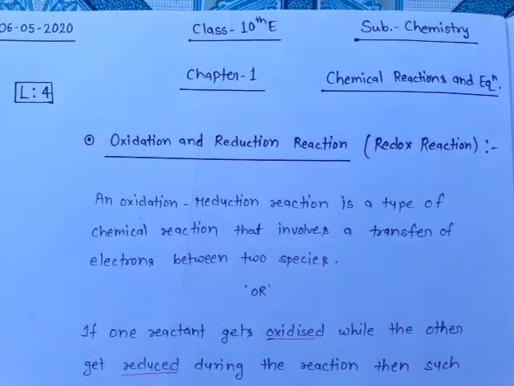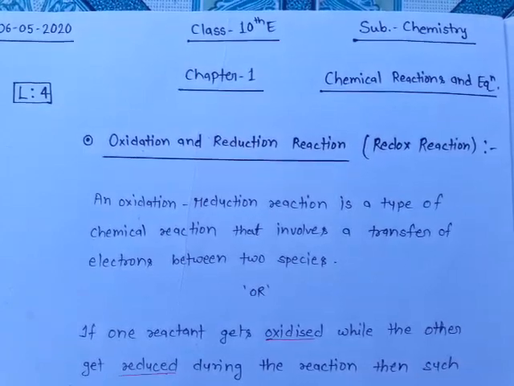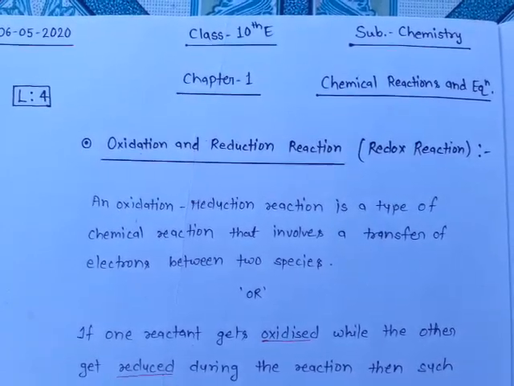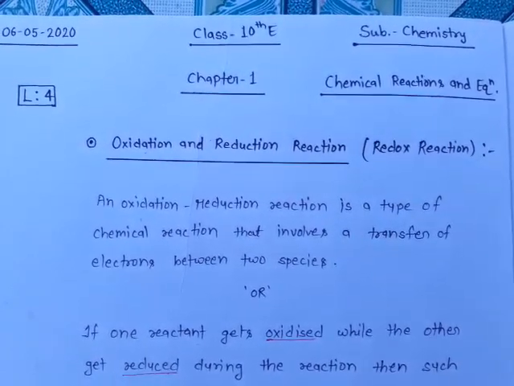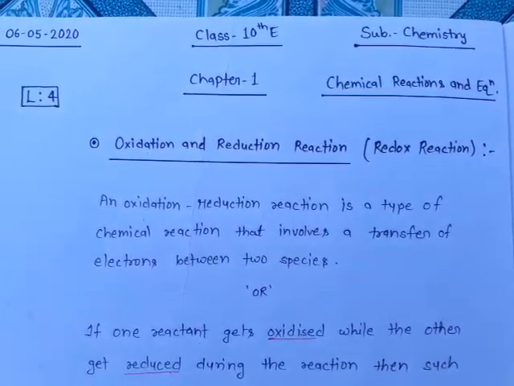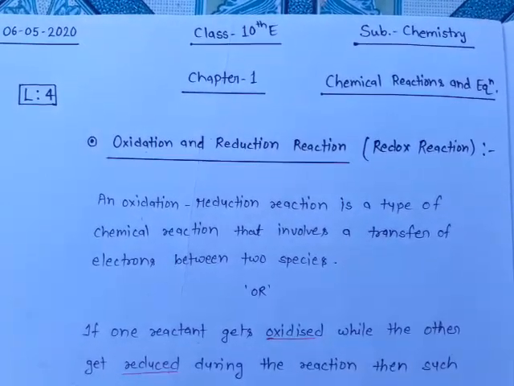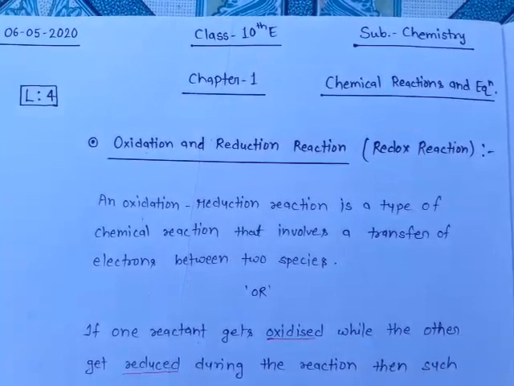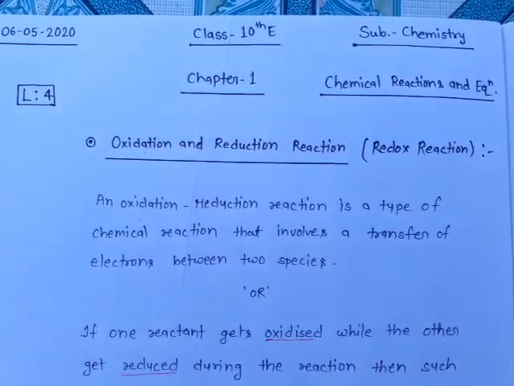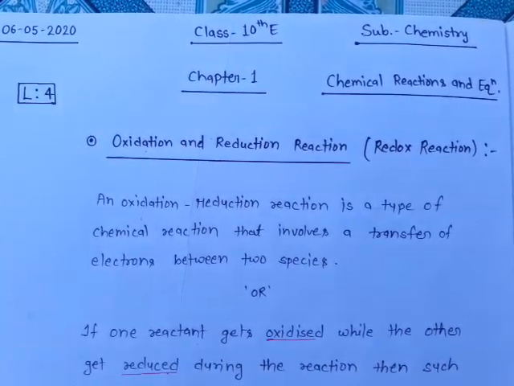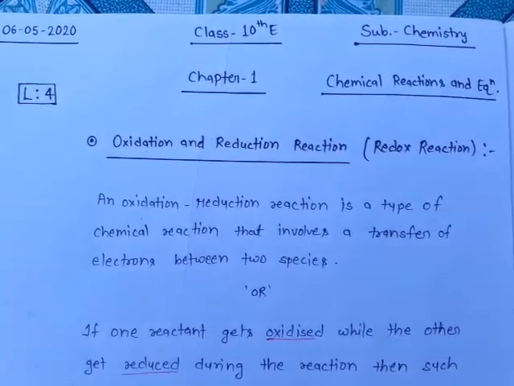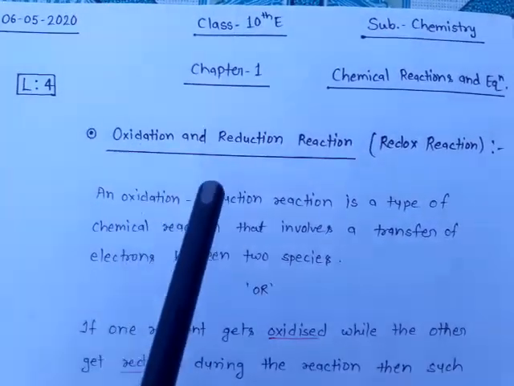Here we continue. The next type of chemical reaction is oxidation and reduction reaction, which is also known as redox reaction. What is redox reaction? An oxidation reduction reaction is a type of chemical reaction that involves a transfer of electrons between two species. That is, oxidation and reduction.